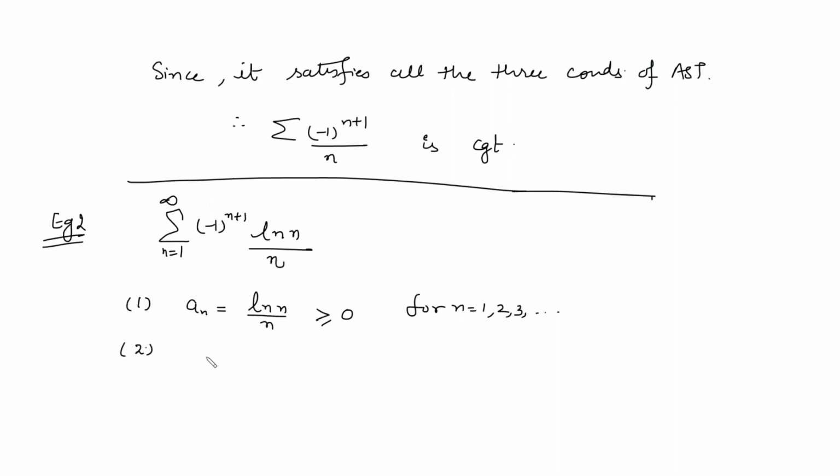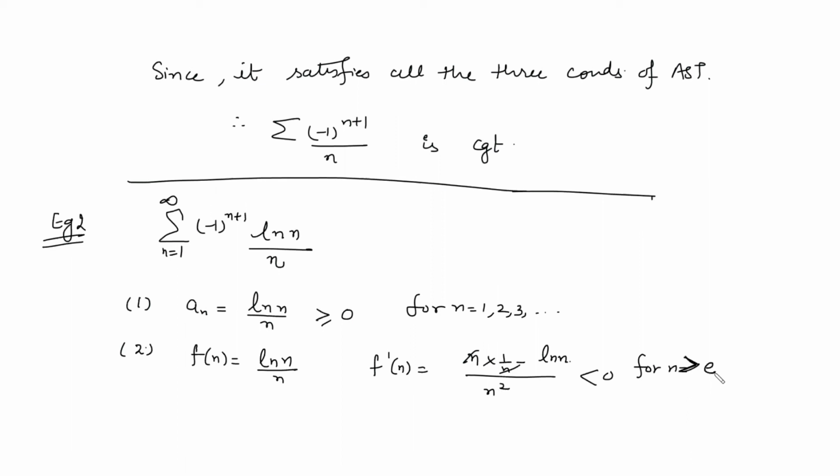Secondly, you can check the decreasing behavior with the help of a function. You can write this as a function and check its derivative. Clearly this derivative is negative for every n greater than e. So our sequence is decreasing.